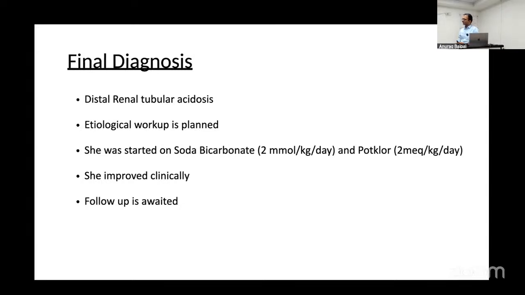We were giving a lot of potassium, but now with bicarbonate, her potassium has gone up to 5.6, which means the acidosis is better and everything has improved. So she has improved clinically, and long-term follow-up is awaited.